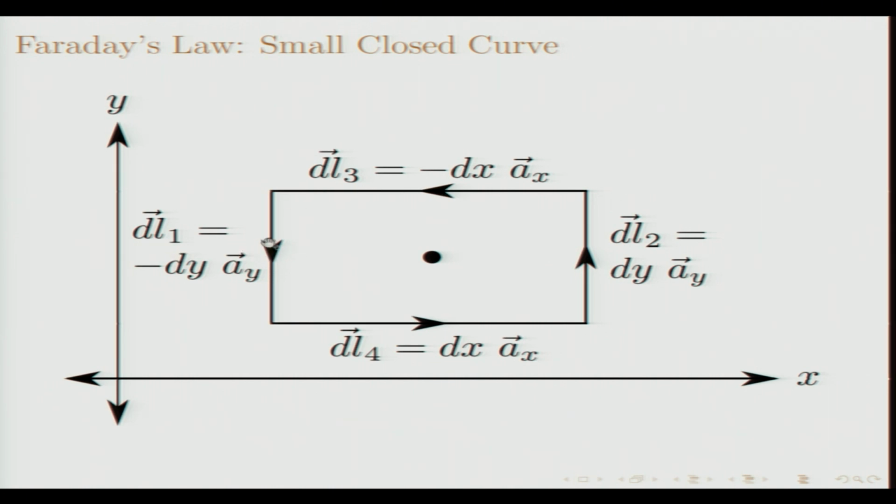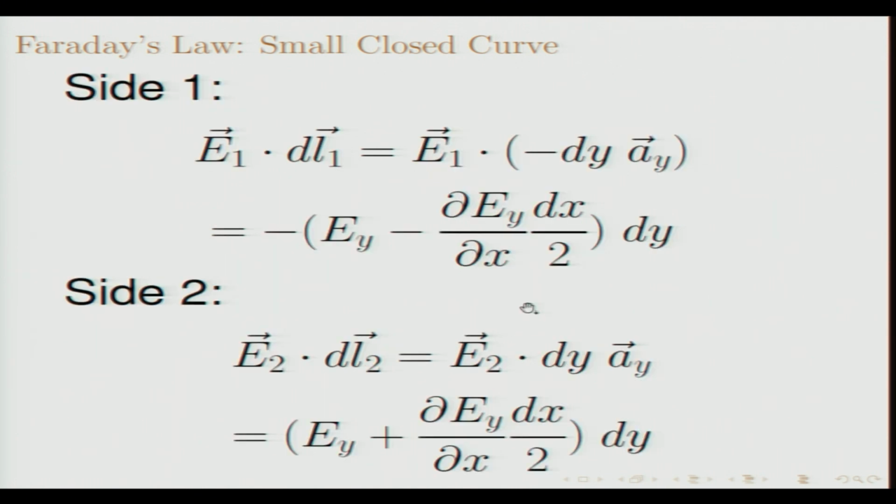For side 1, dl1 is nothing but minus dy into ay, because at this point the curve is pointing in a downward direction. Similarly, dl2 is dy into ay, dl3 is minus dx into ax, and dl4 is dx into ax. So, these are the elemental length vectors on all 4 sides of the same curve.